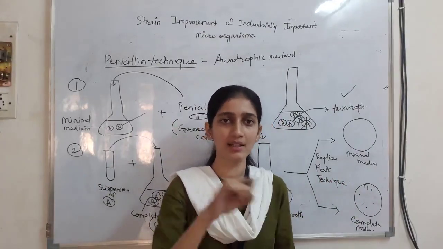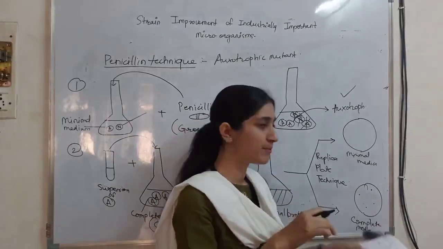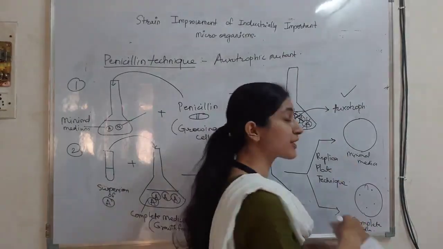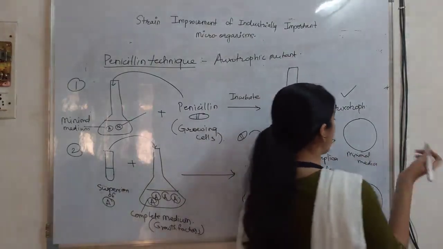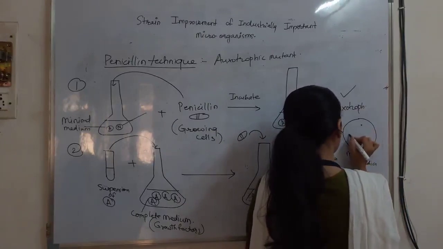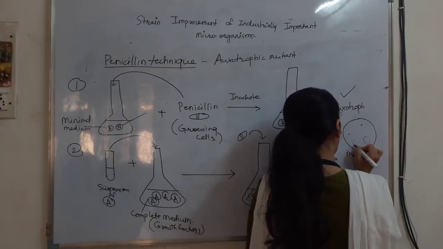We simply take an impression of the complete medium onto the minimal medium, and after incubation we might find growth of certain colonies and absence of growth of certain colonies.